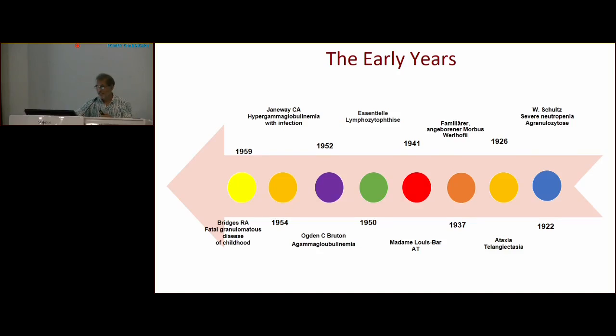In 1950, two Swiss pathologists described two infants with severe lymphopenia and disseminated candidal infection, which they called essential lymphocytophthisis, or essential lymphocytopenia. They attributed this lymphocytopenia to the disseminated candidal infection, which was not true.